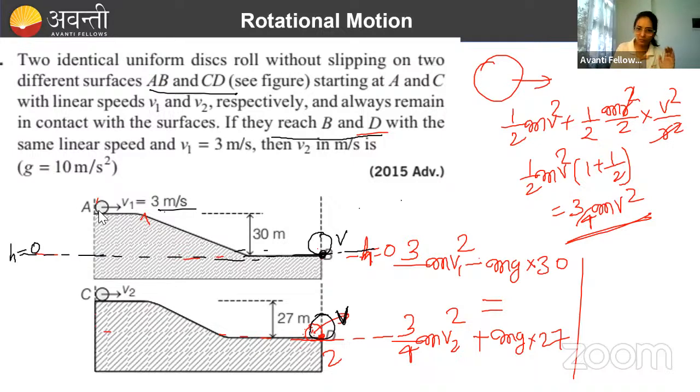And whatever is above it will have positive potential energy. Whatever is below it will have negative potential energy. Now, this ball at point A is above this datum line. Done. So it has potential energy of mg into 30. How much above it is 30 meter? So mg into 30. How much kinetic energy it will have here? Since it is rolling, it will have both translational and rotational kinetic energy. So this much it will have.